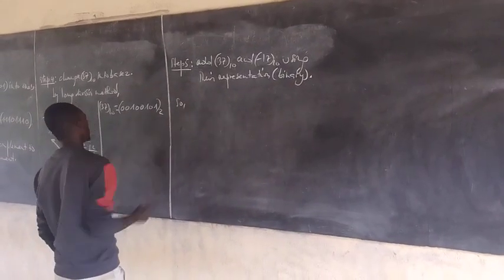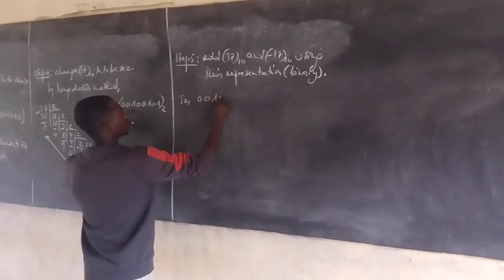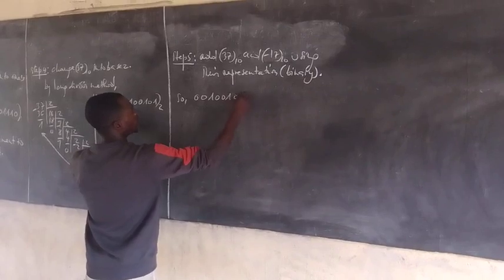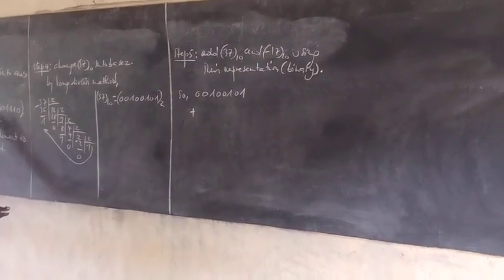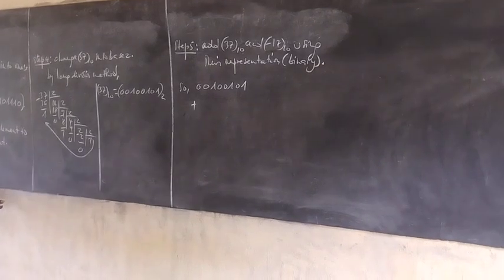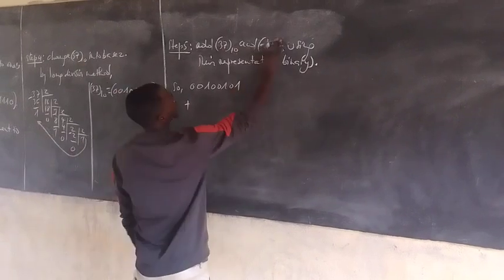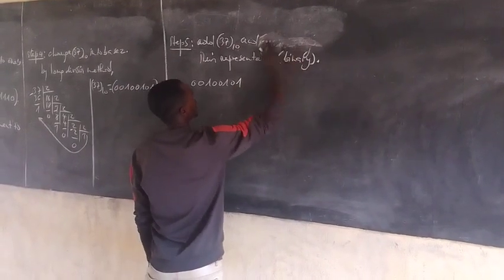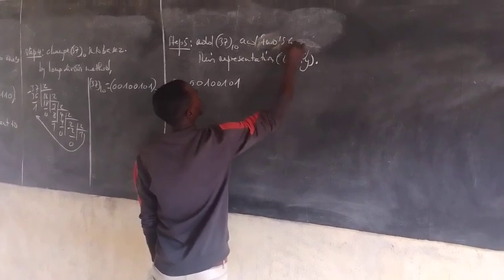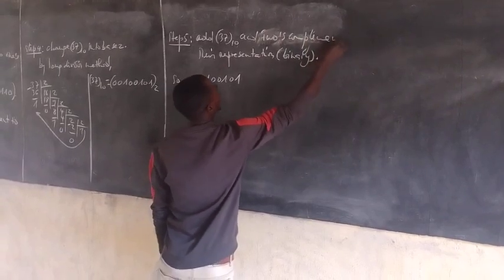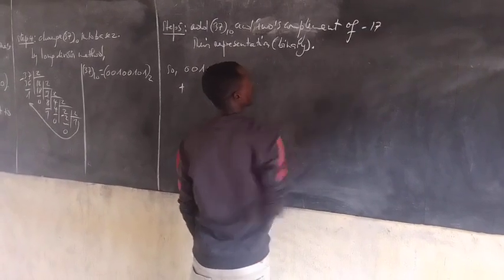So here we have 0, 0, 0, 0, 0, 1, 1, 1, then plus the binary representation which represents the 2's complement of negative 17. Here there is a mistake.